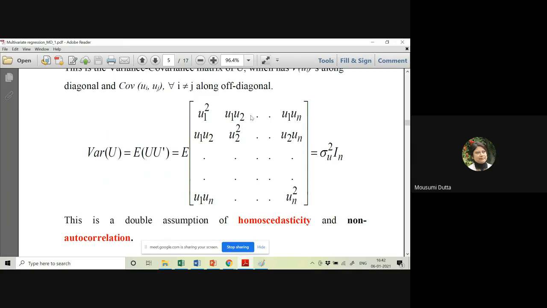And all off-diagonal terms, that is expectation of ui uj, expectation of u1 u2 up to expectation of u1 un, then in the second row expectation of u1 u2 up to expectation of u2 un, and finally for the last row, expectation of u1 un up to the term before the diagonal, all these values will be exactly equal to 0.